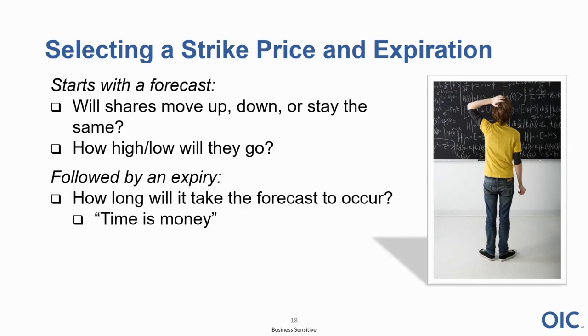So the point of all of this is that the expiration that you select to coincide with your forecast needs to encapsulate when that forecast is going to come to fruition, and knowing that the more time we purchase, the more it's going to cost.